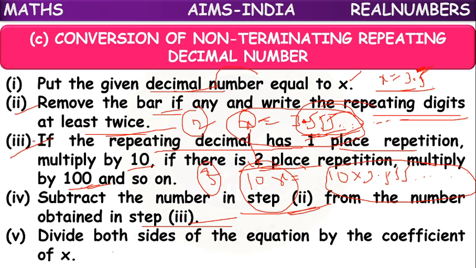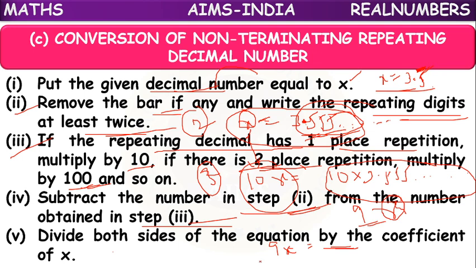So from 10x, if we subtract x, we will get 9x, where 9 is the coefficient of x. We will get some value on the right hand side.